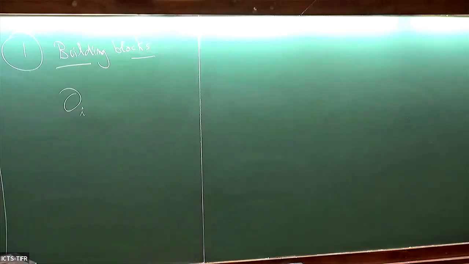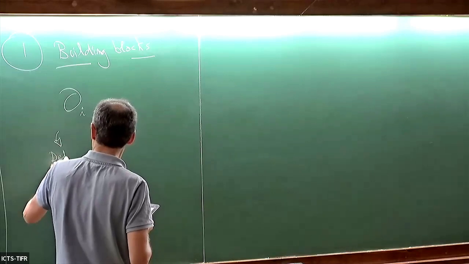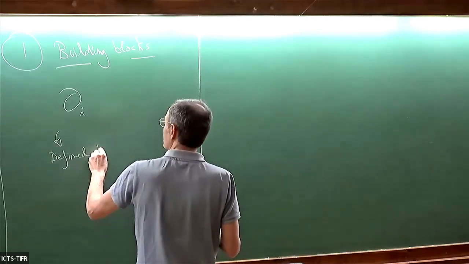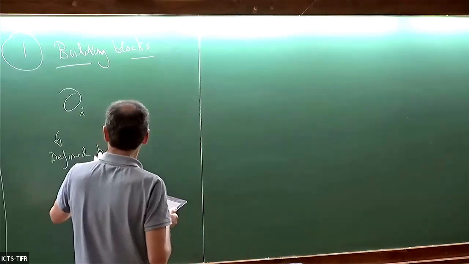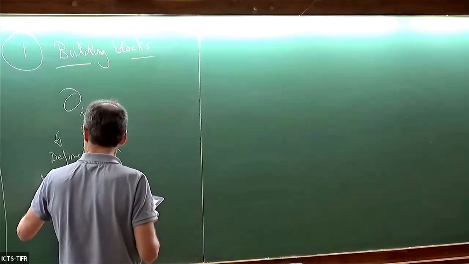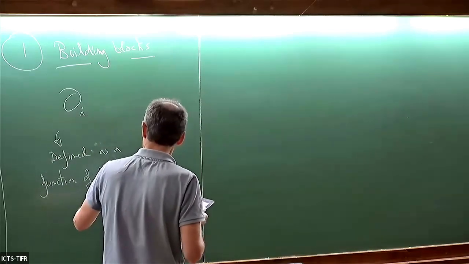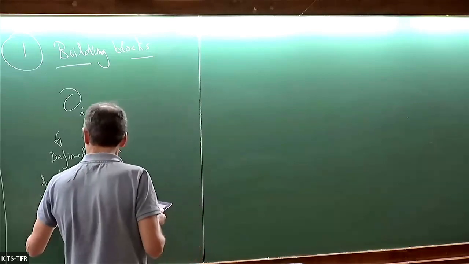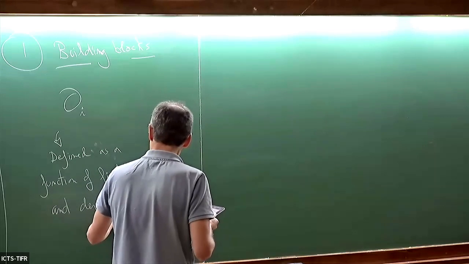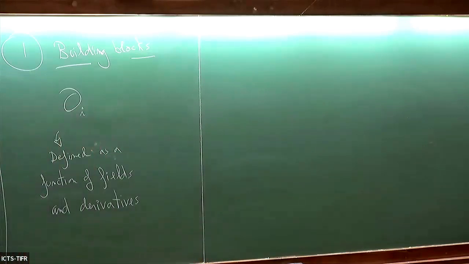And as I said, these are usually defined as a function of fields and derivatives, which you have done so far, with all the good things and the bad things.